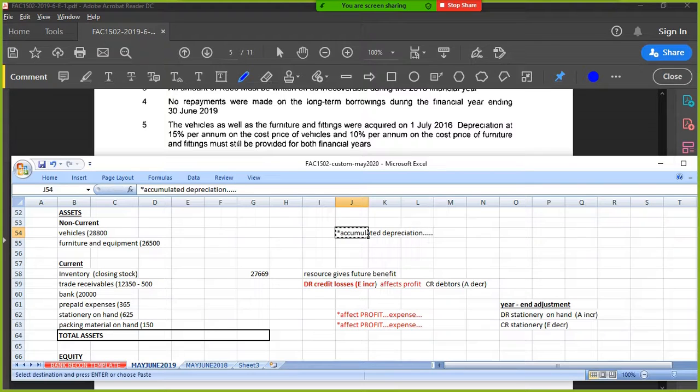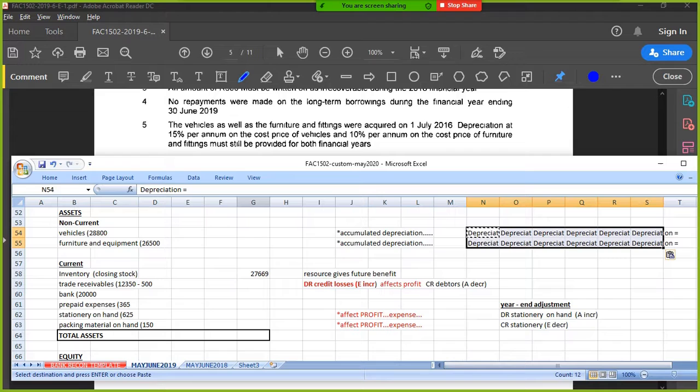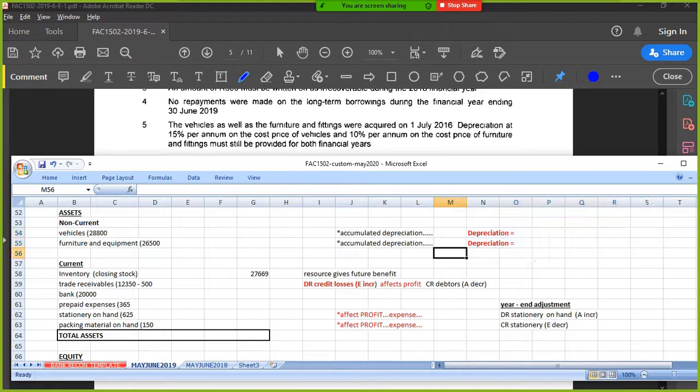Do you agree? Yeah. The depreciation is going to be calculated and you're going to make a little note for yourself. Bold, red. Affects profits.